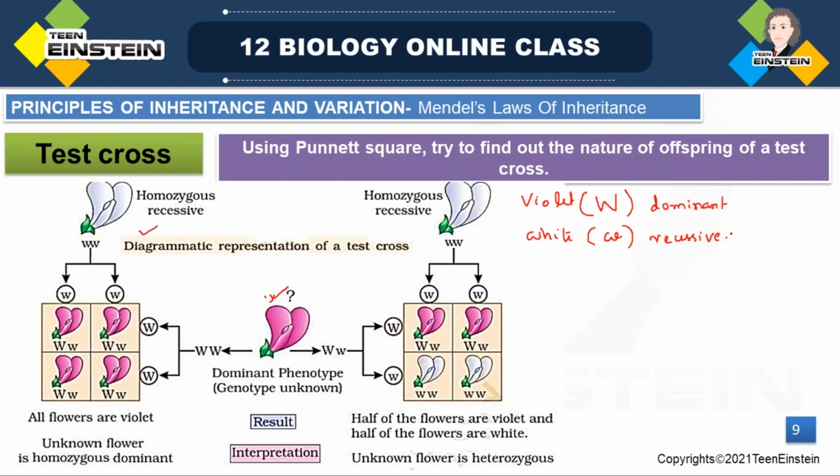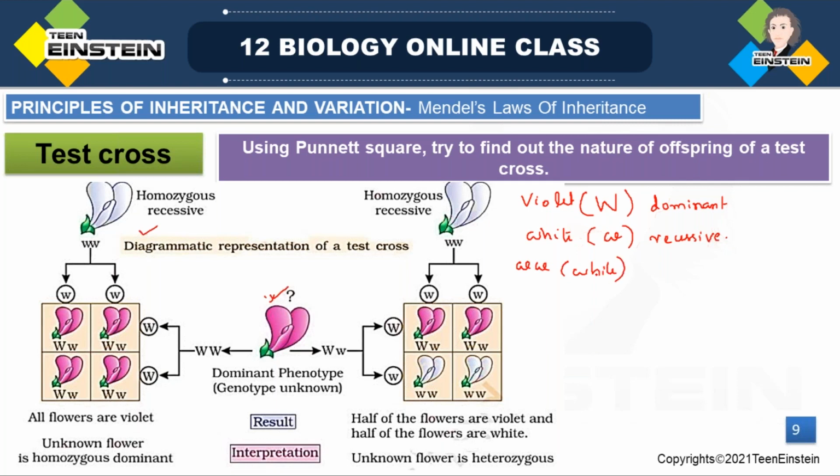So now we'll try to find out the nature of the offspring of a test cross, or which ratio we will get. The first flower is homozygous recessive. Recessive means small w. This is a white flower.